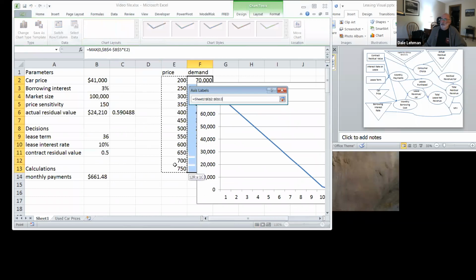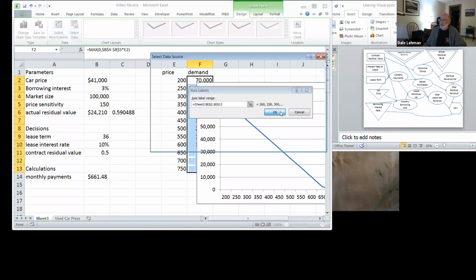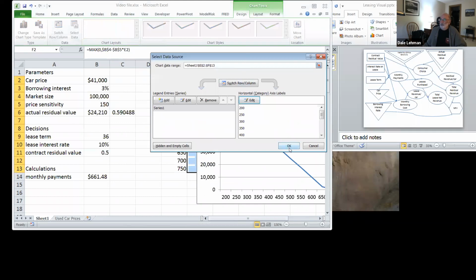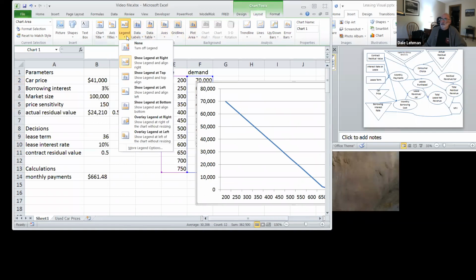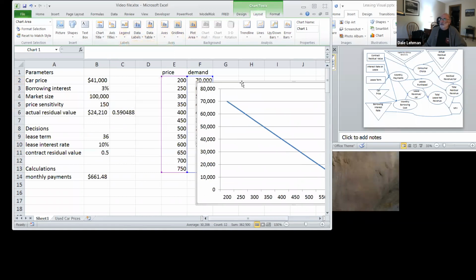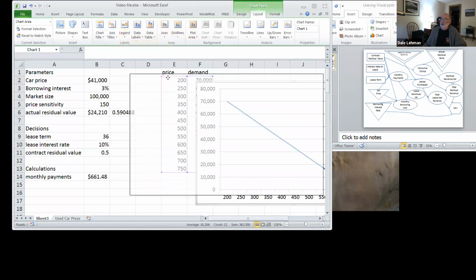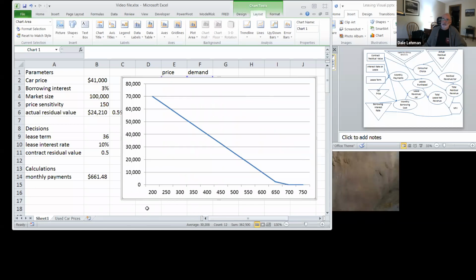I'll put the price on the other axis. Don't need a legend. So here's a picture of the demand.